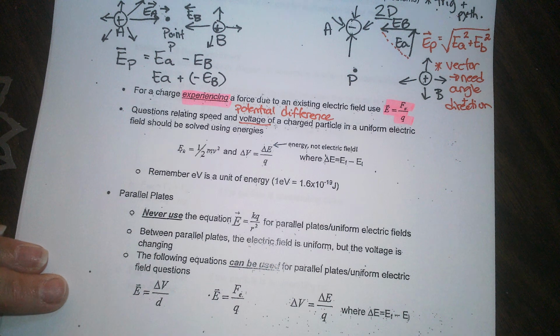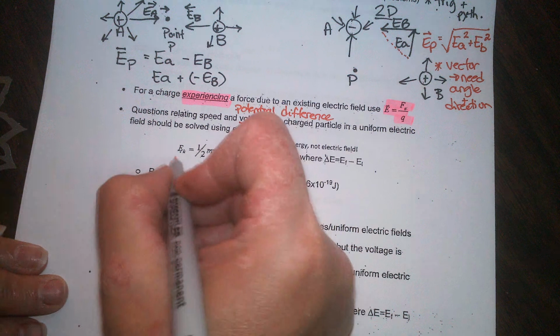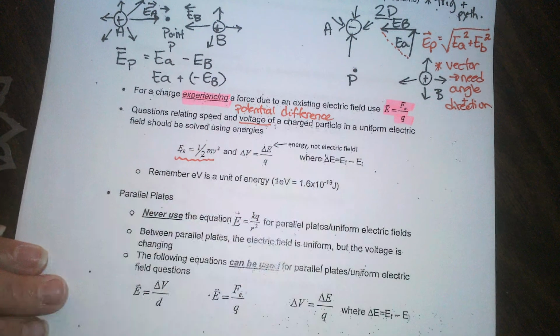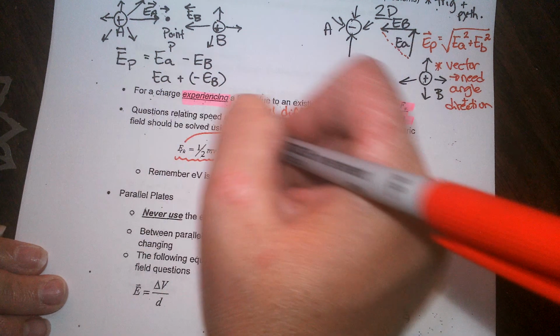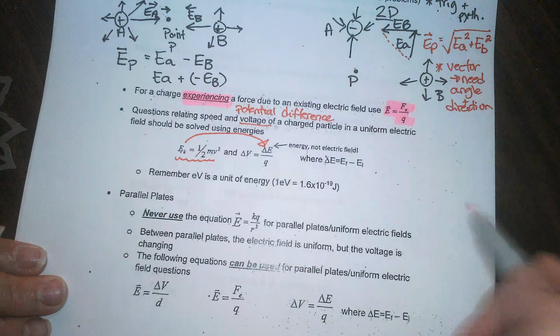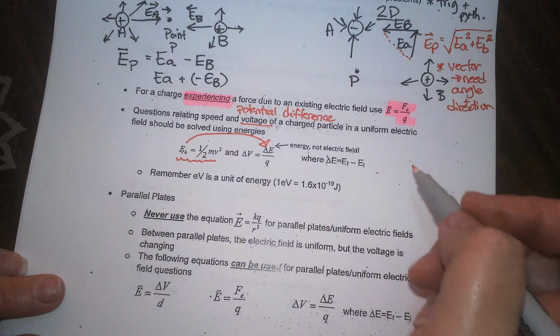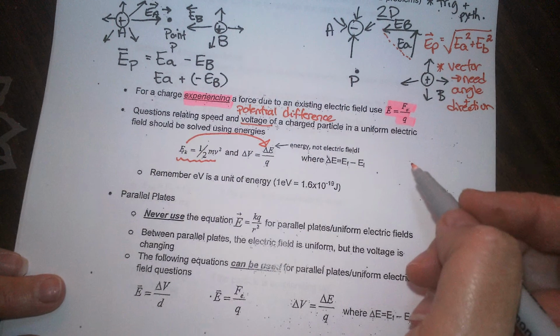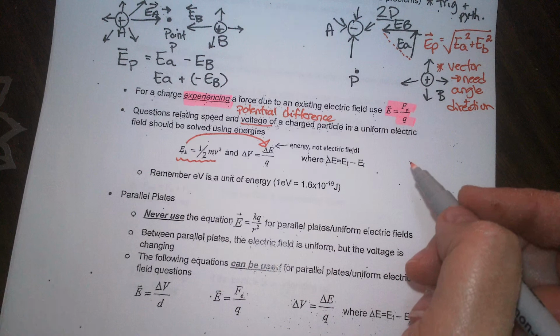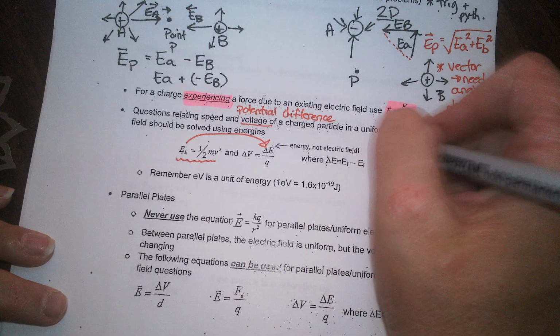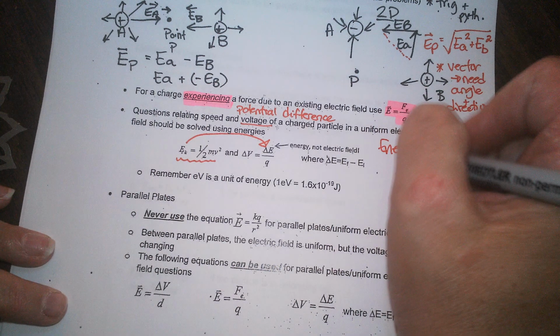We look at EK because it's got to be in motion. And our EK plays into our energy. So now we've got another E with a triangle out front. That's energy. And energy is always measured in what?